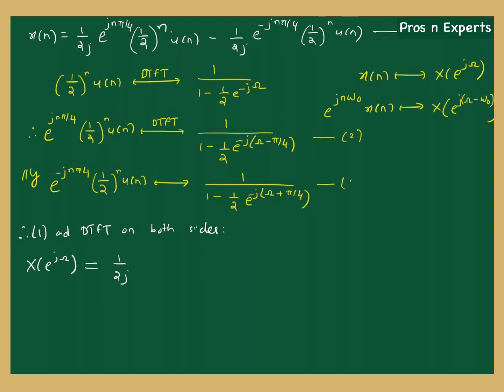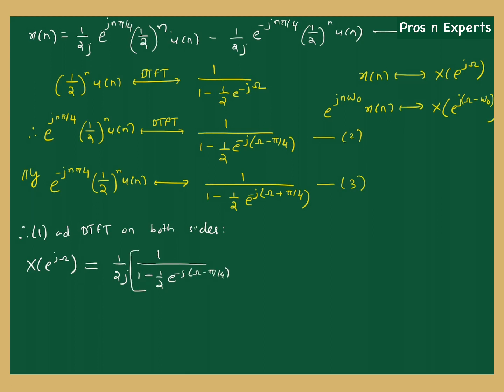This is equation number 3. So from equation number 2 I can write it as 1 by 1 minus half e raised to minus j omega minus pi by 4.